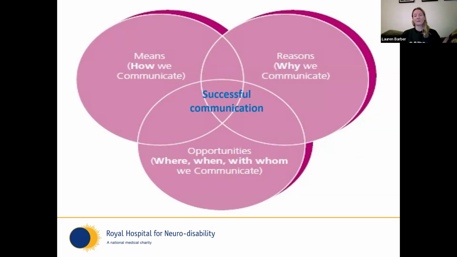So all of these areas overlap and just mean that there's different requirements for your communication. So you'd have a very different style if you're talking to a teacher, someone at the shops who's a stranger, or your mum. So all the opportunities, reasons, and means change depending on the situation that you're in. But hopefully within those, your thinking skills mean that you can successfully communicate.